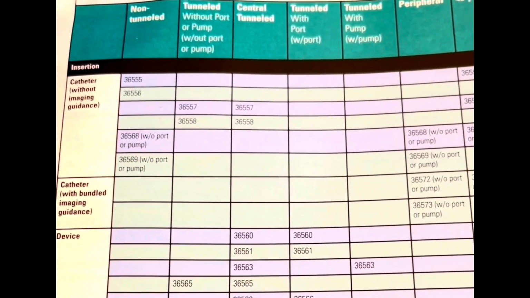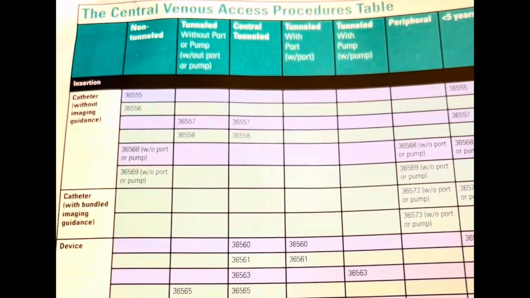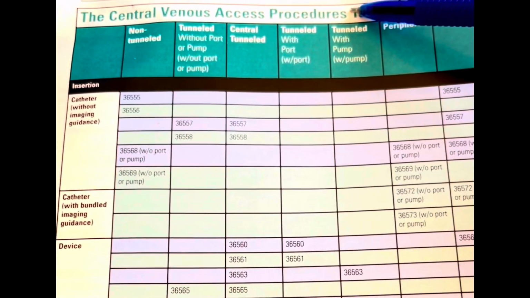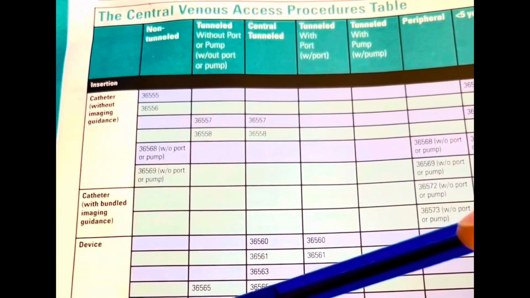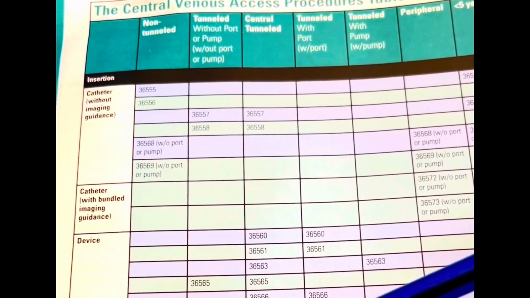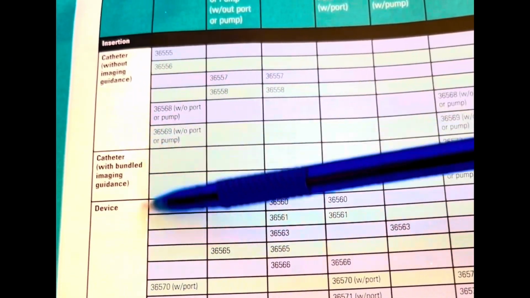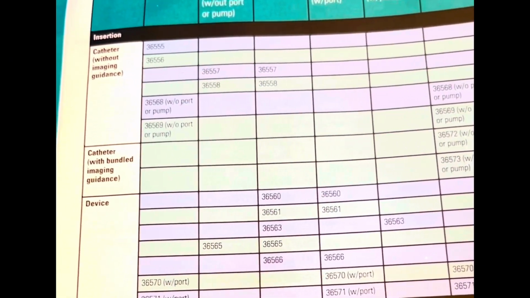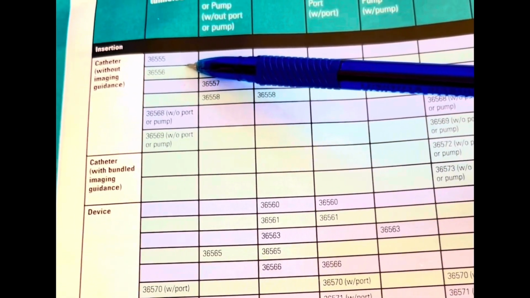See, this is the table from the CPT codebook about the central venous access procedures. In this table, it's mentioned if it is an insertion, a repair, partial replacement, complete replacement, or removal. All these 5 procedures that I had just mentioned are written here.